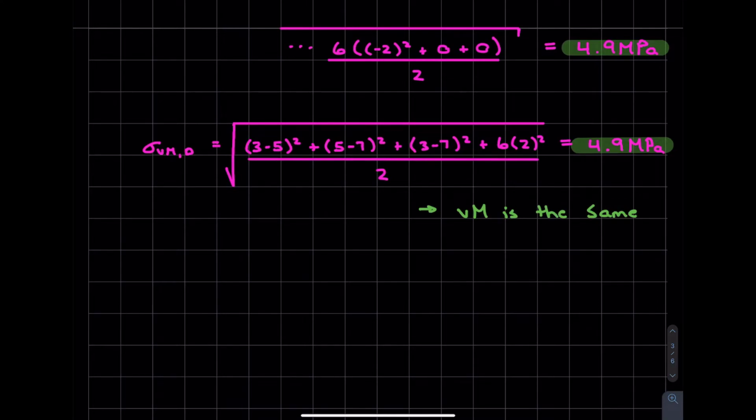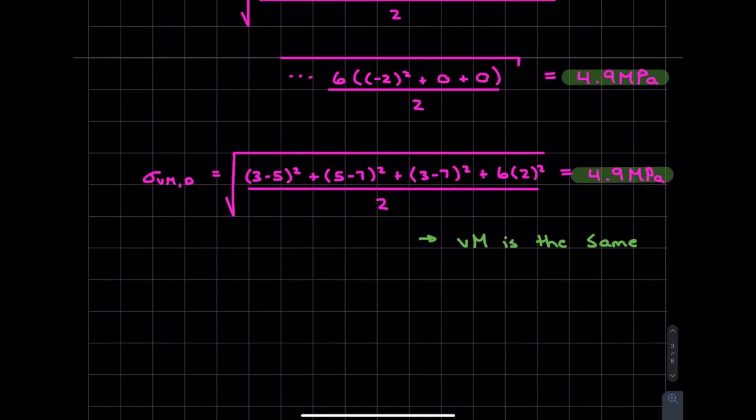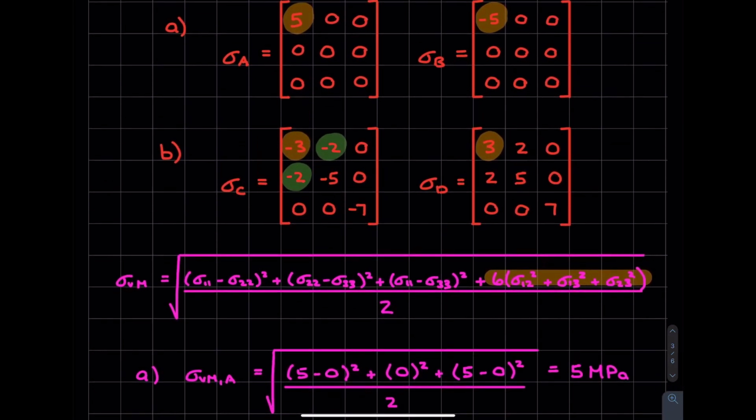And the second is, if we have the same matrix, except one is negative 1 times the other, then the von Mises will be the exact same. As we've seen in this question, we solved it for a matrix without shear, and then for a matrix with shear. That's the main takeaway. It'll save you a lot of time in exams if you remember that little secret.